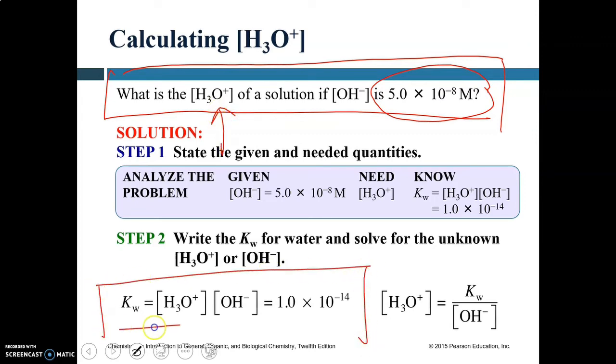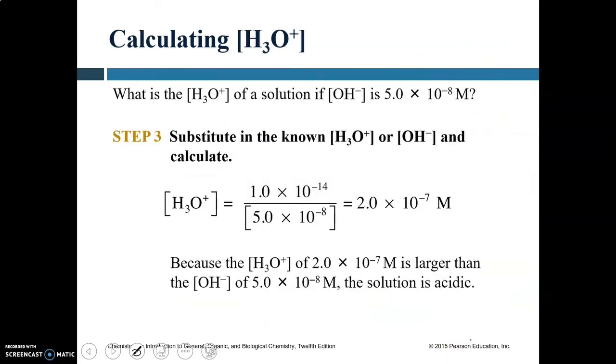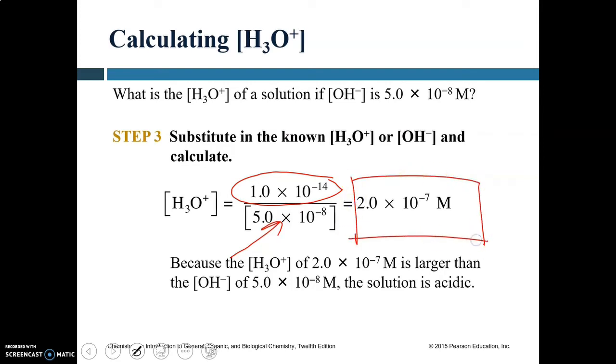Write the equation and figure out that hydronium ion, its concentration is equivalent to ion product constant divided by the concentration of hydroxide. So ion product constant divided by the concentration of hydroxide ion gives us the concentration of hydronium ions.